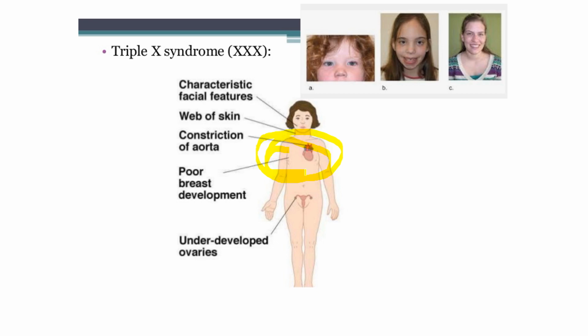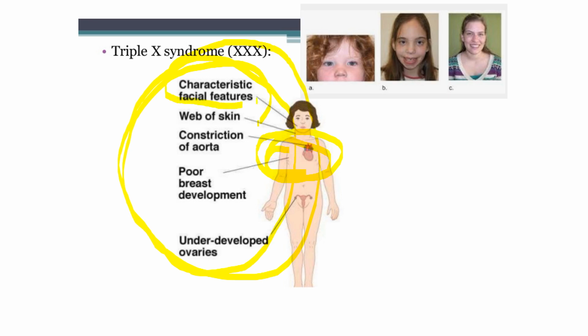Maybe it's quite small, but that doesn't mean that you have triple X syndrome. These are some of the characteristics of the triple X syndrome individual, and each individual may or may not exhibit each of these characteristics.